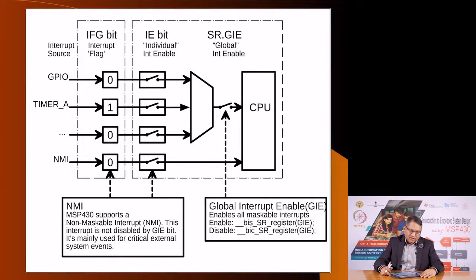So, as I mentioned, the source of the interrupt could be input output pins here. The source of an interrupt could be the timer counting time. It could be the non-maskable interrupt.